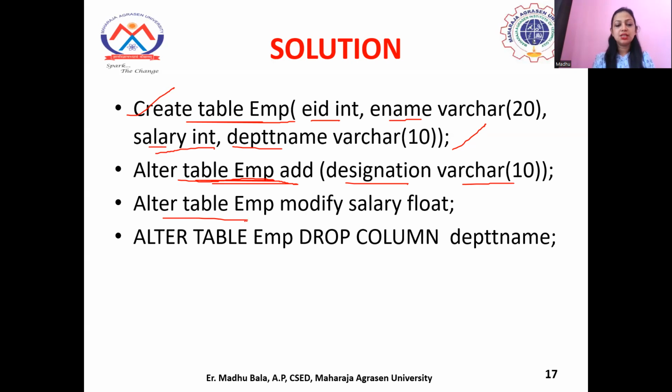ALTER TABLE, the name of the table is employee. Then, if we want to modify the existing data type, we make use of the MODIFY keyword here. Then the name of the attribute is salary, followed by the new data type, that is float. So this command will automatically change the data type of salary from int to float.